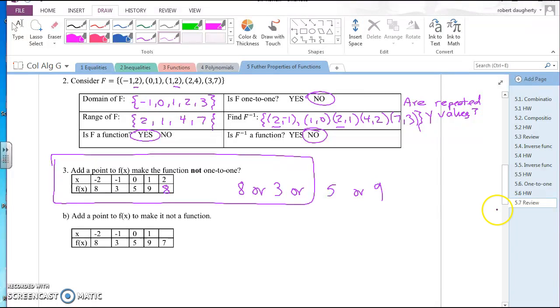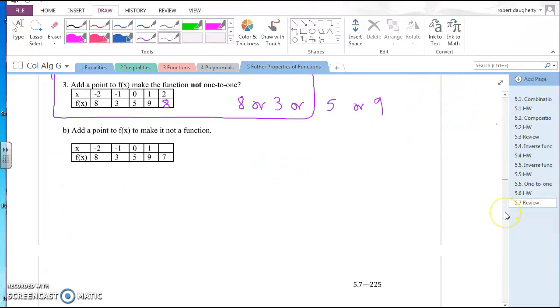Now, another question. Add a point to f of x to make it not a function. If it's not a function, that means it has repeated x values. So I've got to take one of those x values that's up there and repeat it.